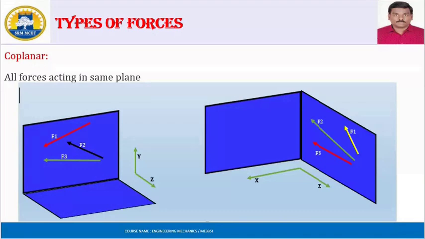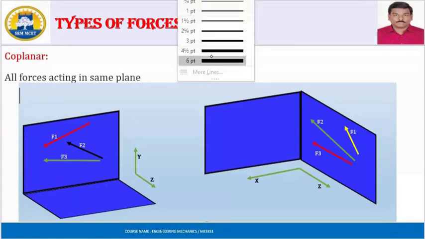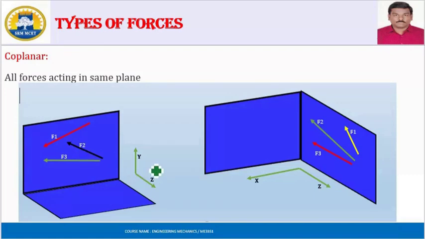Next we move to coplanar forces. Coplanar means all forces are acting in the same plane. Forces acting in the same plane are called coplanar forces. See here, the y plane. Three forces are acting, so this is called coplanar forces.